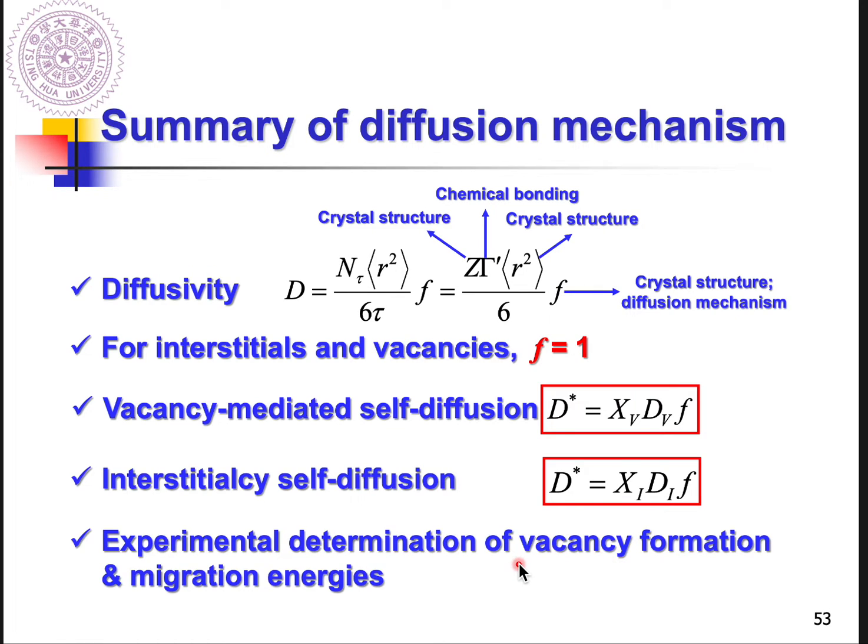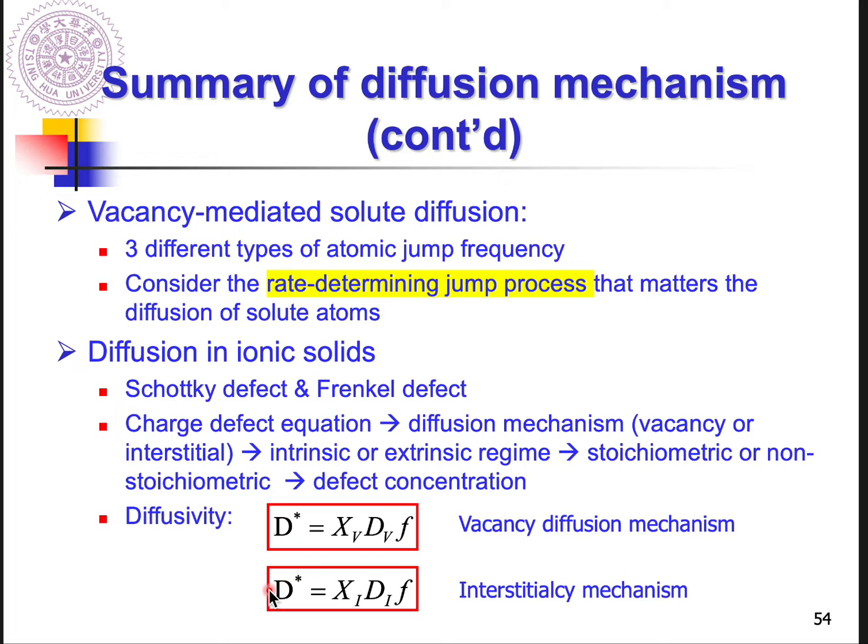Then use the total enthalpy minus the vacancy formation enthalpy, and you can get the migration energy term.